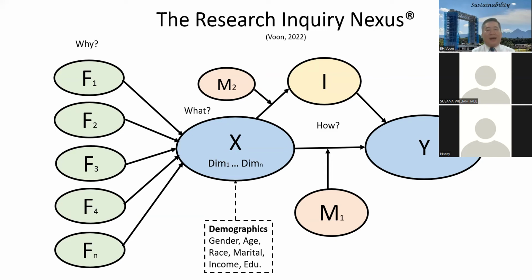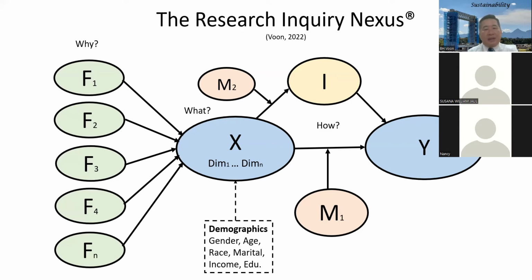So you can see, as you go through this more detailed, wider and deeper inquiry of that particular phenomenon, there are in fact other factors which we should take into consideration in this research inquiry, right? That's why I call it a nexus, because there are very many variables involved, and many relationships that we need to investigate. They are all interrelated, right?